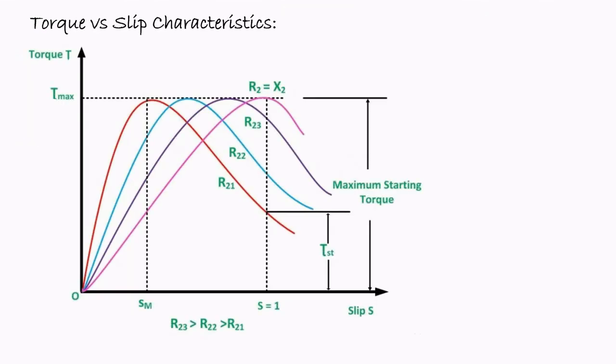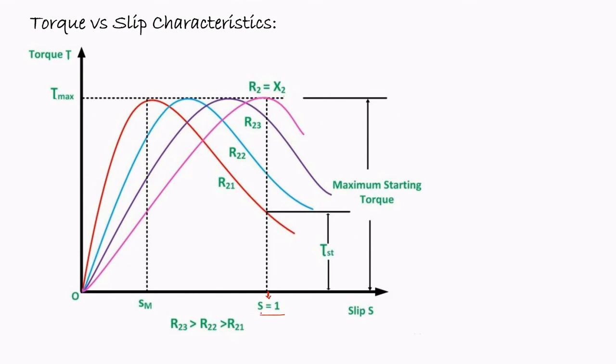So this is the same figure, the torque versus slip characteristics. Here we can see different torque versus slip characteristics, basically for different values of rotor winding resistance. When the rotor winding resistance is equal to rotor winding reactance, that is R2 equal to X2, this is the condition for maximum starting torque, because S equal to 1 is the condition for starting.